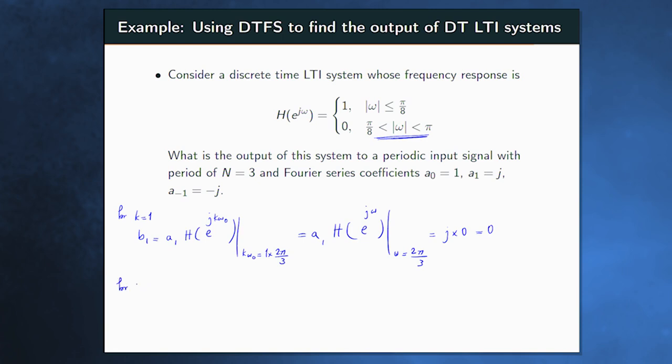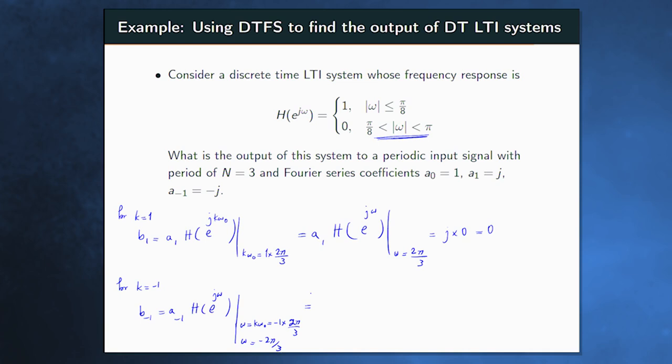Looking at k equal to negative 1, b sub negative 1 is equal to a sub negative 1 times H of e to the j omega for omega equals negative 1 multiplied by 2 pi over 3. So I'm finding it for omega equals negative 2 pi over 3.